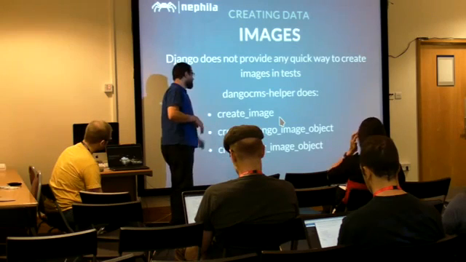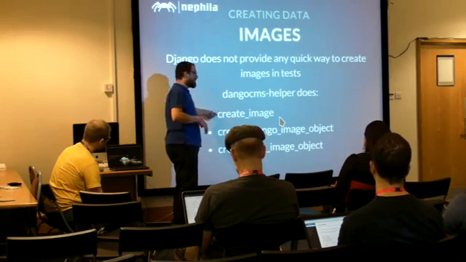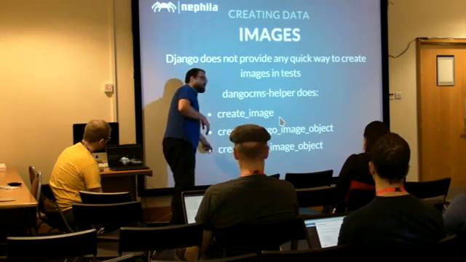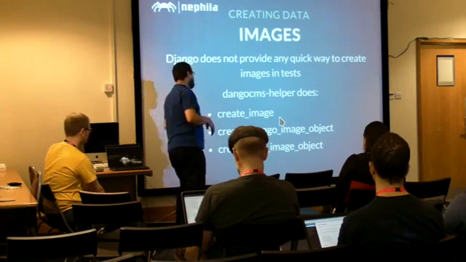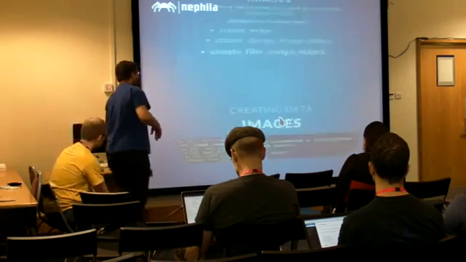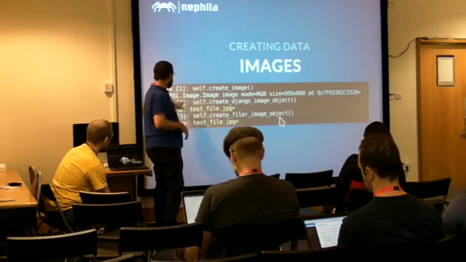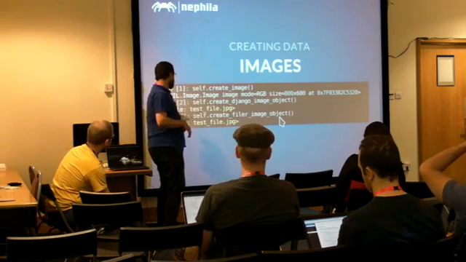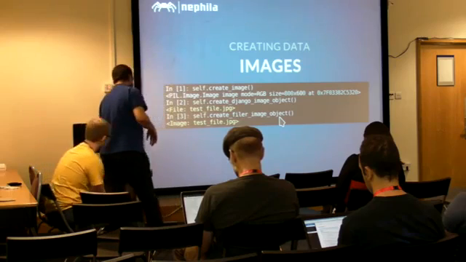This creates a Django file object which encapsulates an image, and this creates a filer object which encapsulates the Django file which encapsulates the PIL object. So, and this is the result. Create image, you have the PIL object. Create Django image object, you have the file, and the same for the filer file.